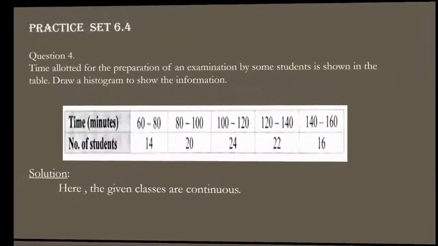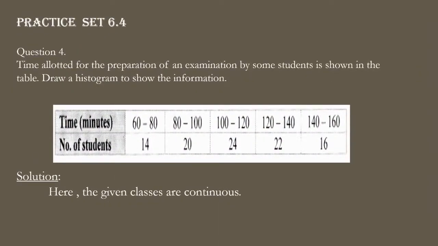Question 4. The time allotted for the preparation of an examination by some students is shown in the table. Draw a histogram to show the information. Here time and number of students are given as the classes and frequencies. And solution: the given classes are continuous.